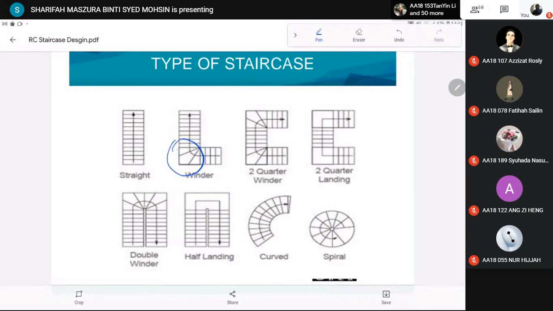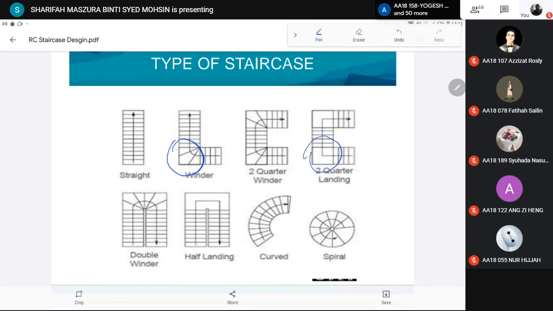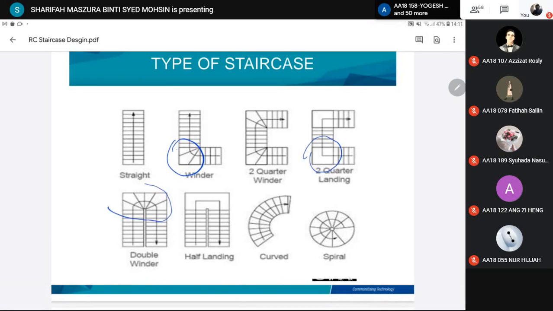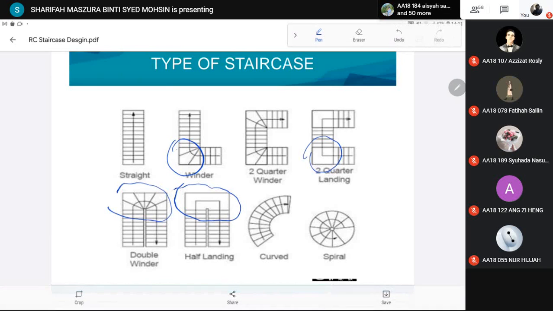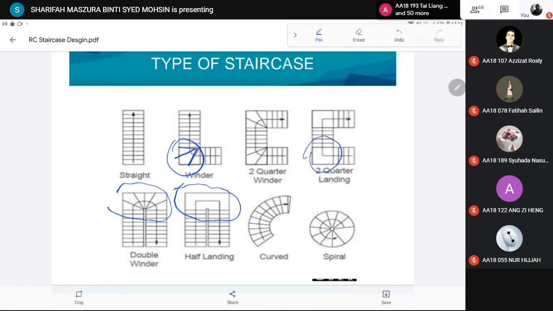Then we have quarter landing, then we have double winder, half landing, curved staircase, and also spiral staircase. Okay, so this means that you have more steps. It's not actually a landing where you don't have any steps on the landing.